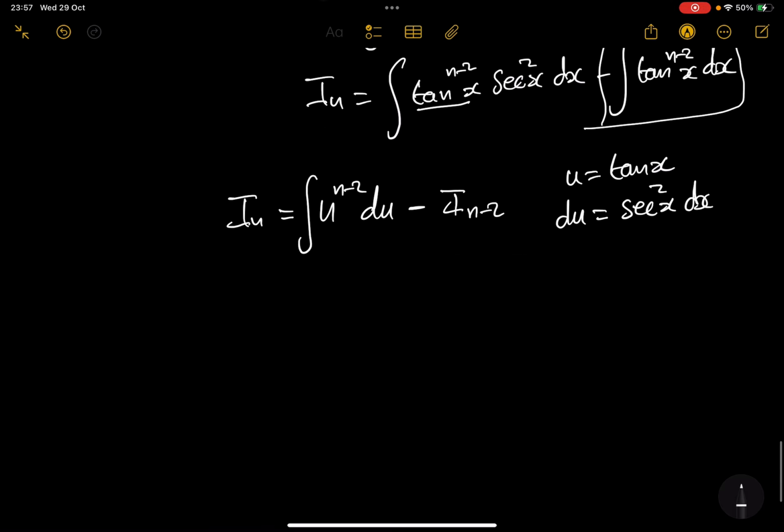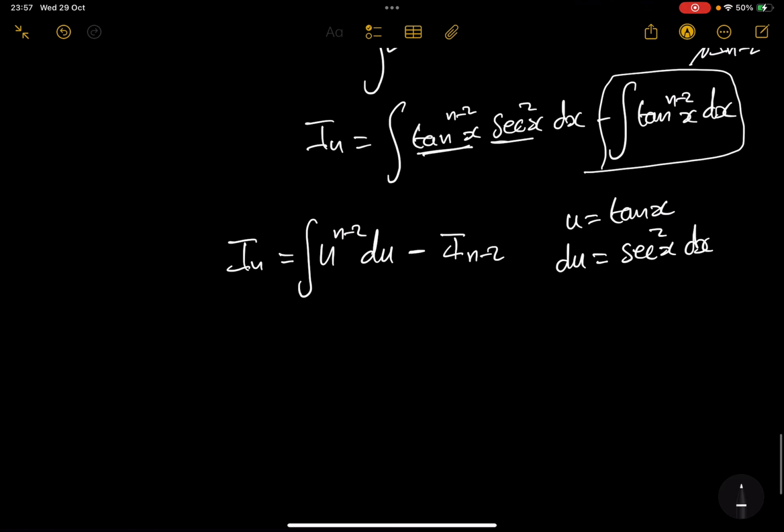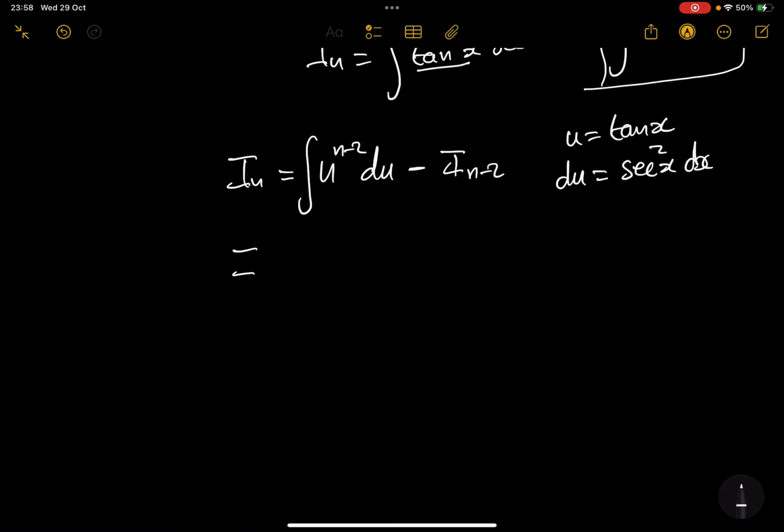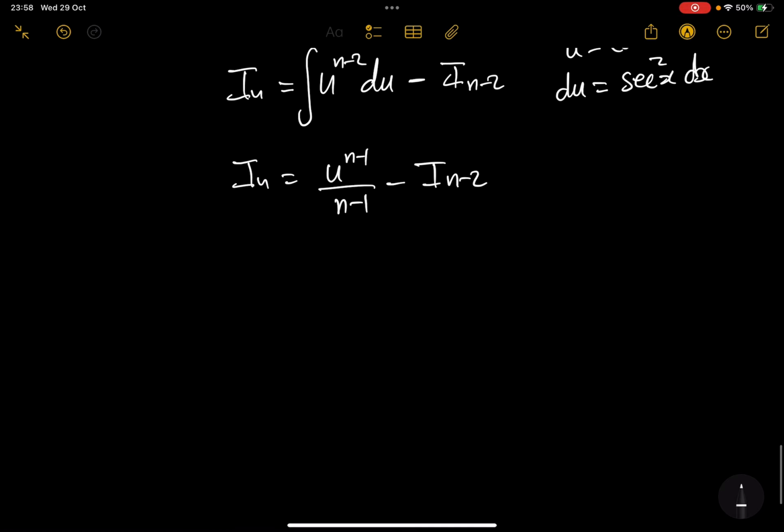So this was an integral, remember, we just substituted this and this. From here you can further simplify this to be u^(n-1) over n minus 1, minus I_(n-2). If you integrate this, you take u plus 1 to the power, divided by the new power. So this is what we have. And then remember that u is what?